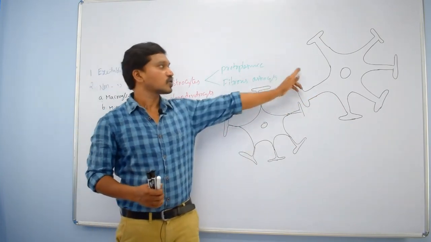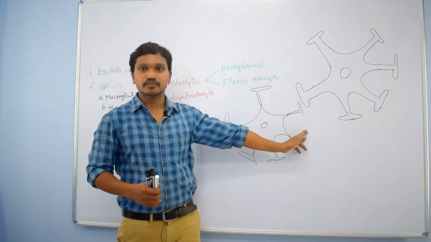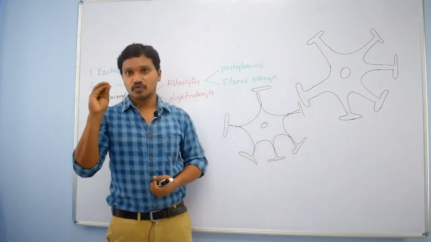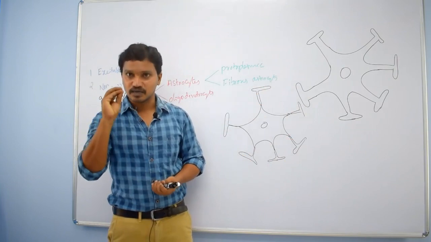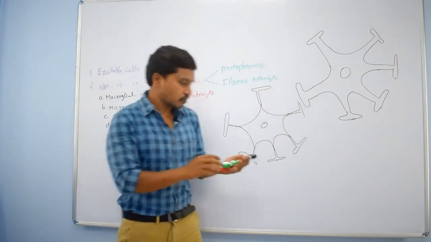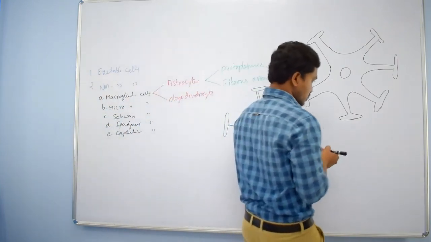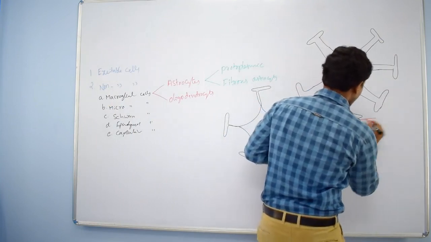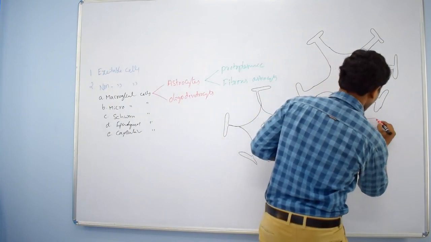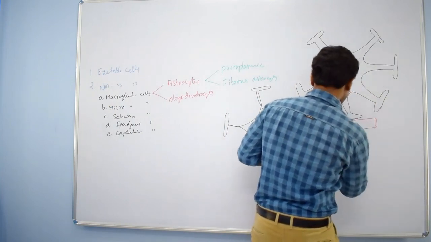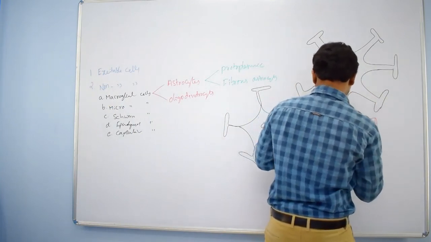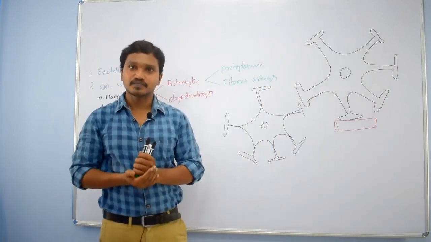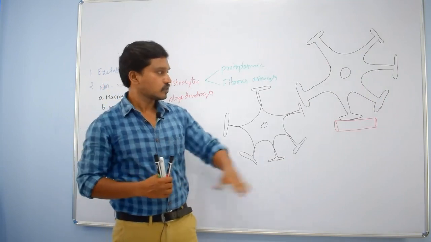Of course, at each end of the process we can find a foot process or plate-like extension. This plate-like foot process rests over the capillaries, pial surface of the CNS and over the ependymal lining. Clear? Right.